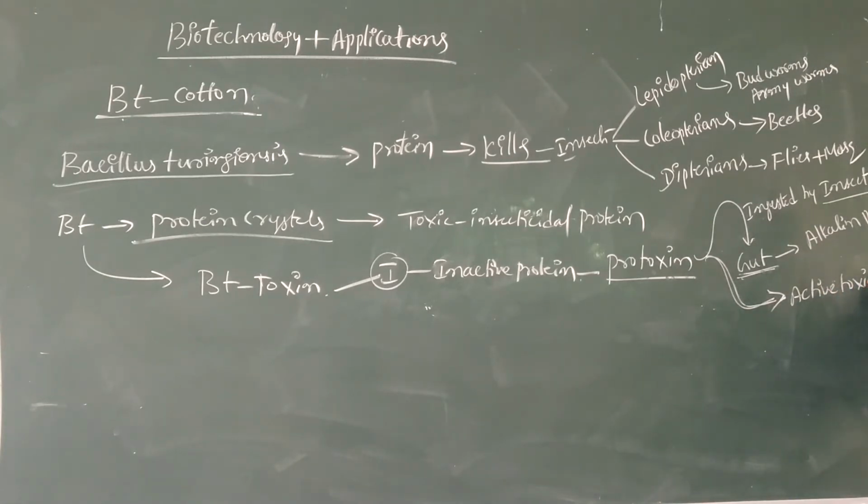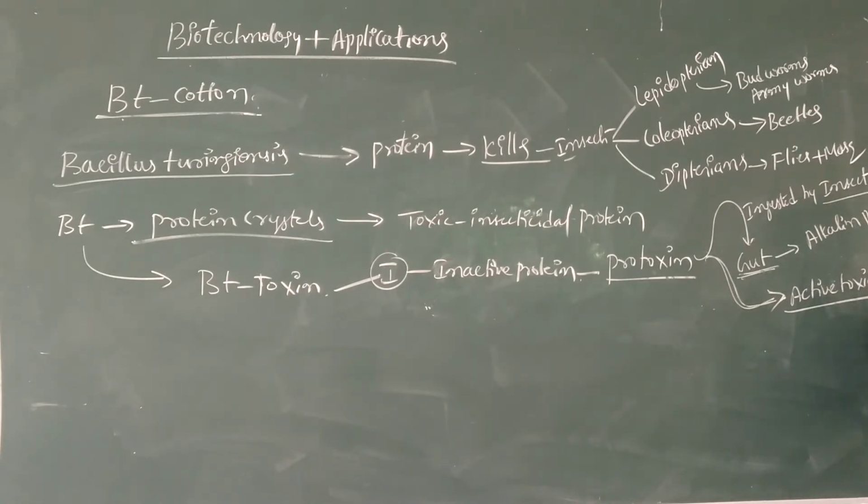That active toxin affects the epithelial tissue present in the gut region. It damages the epithelial cells, causing swelling and lysis of the cells.